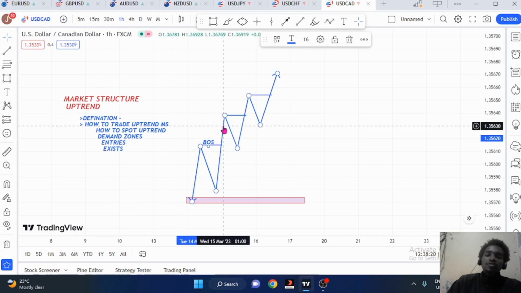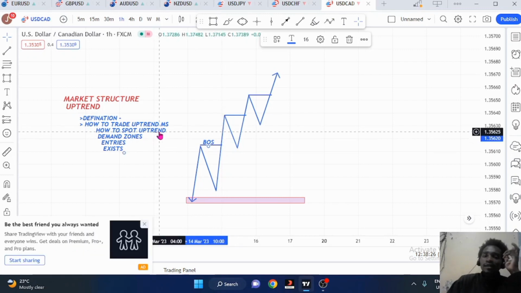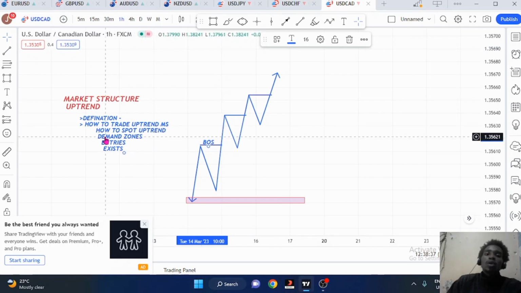The first thing you have to know is how to spot an uptrend market. How do you spot it? Then you have to know what we call demand zones, which I will explain later, and you have to know your entries and your exits.